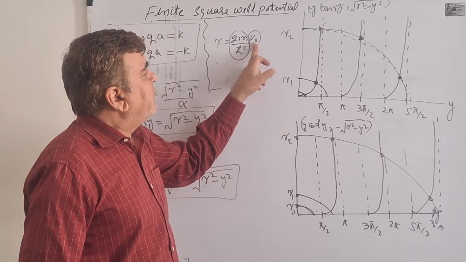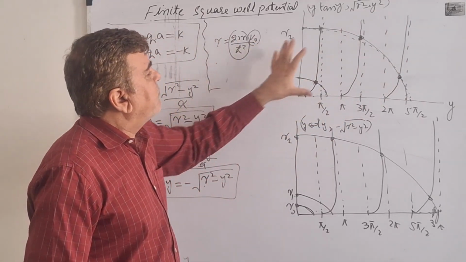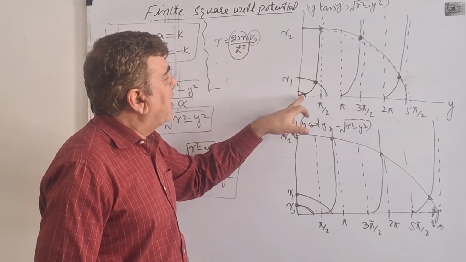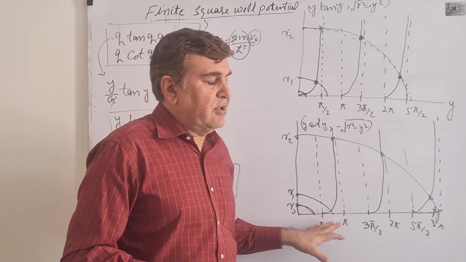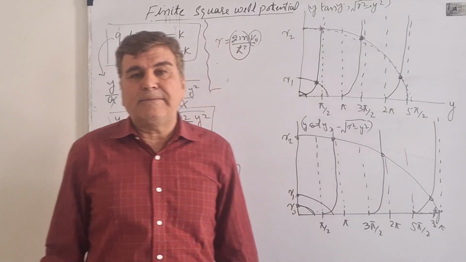So increasing the depth of V naught results in more bound states. Reducing the depth of V naught, we have fewer states. And for the even function, there is always a bound state, and for the odd function, there may not be. There is no bound state for certain values of the potential V naught.